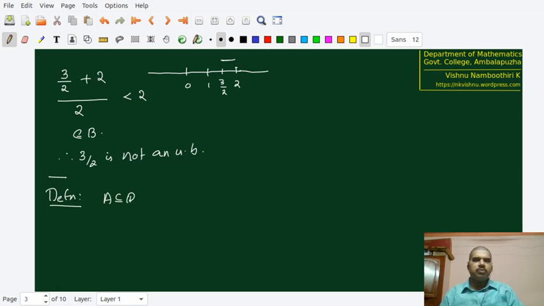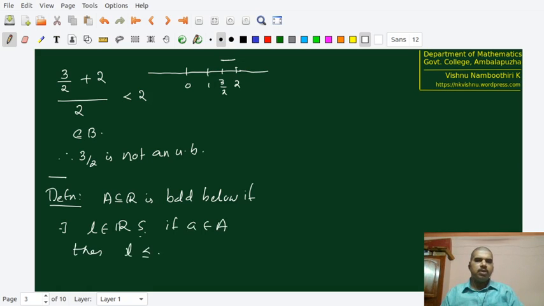A subset A of R is bounded below if there exists a real number L belonging to R such that if a belongs to A, then L is less than or equal to a.